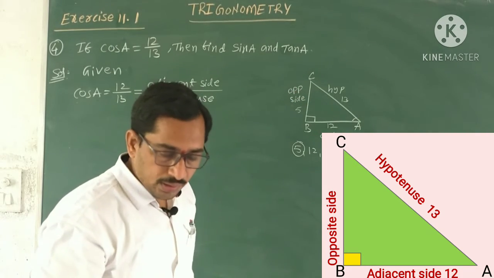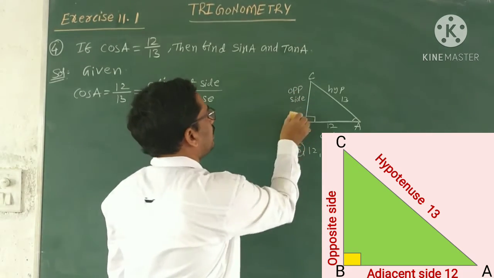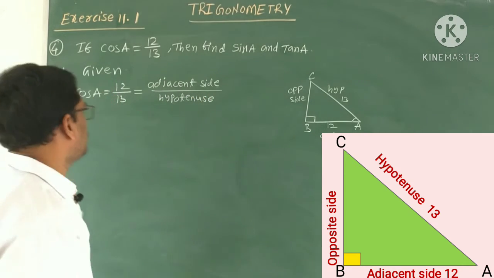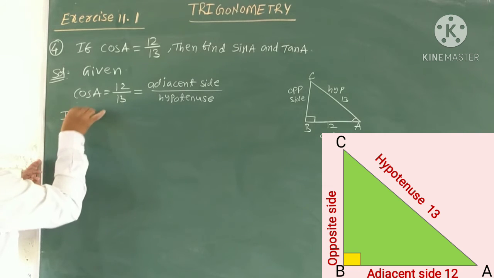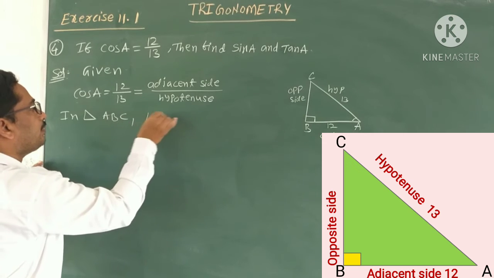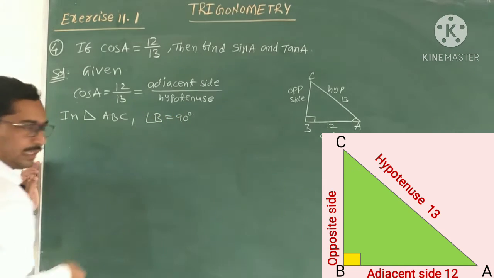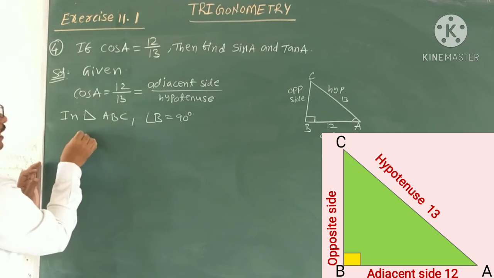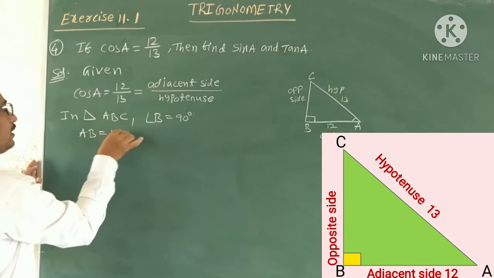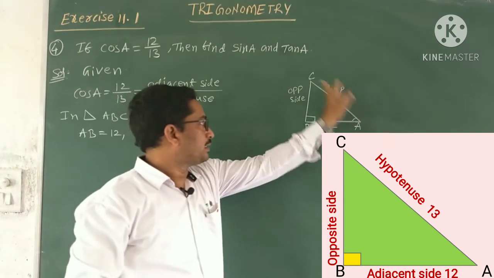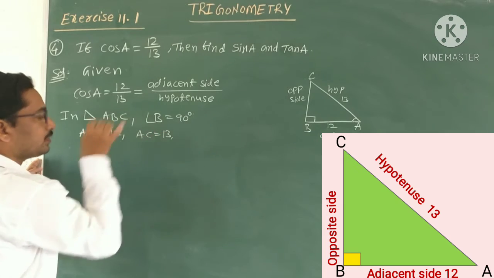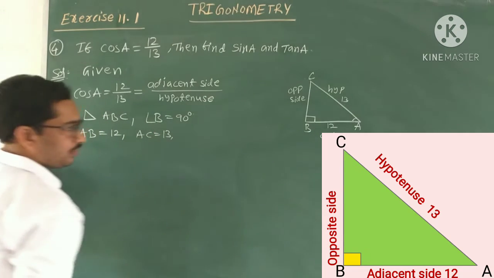But we have to apply the Pythagoras theorem to find the opposite side value. In right angle triangle ABC, right angle at B, from the given data AB, the adjacent side, equals 12, and hypotenuse AC equals 13. We have to find the value of BC.